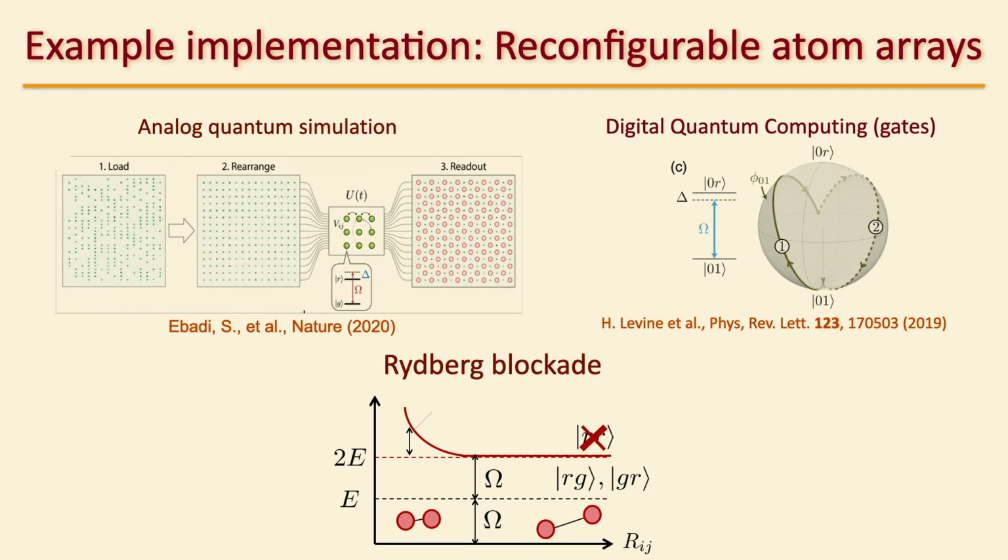But if you have the atoms so close together that they start interacting, this is a 1/r^6 type interaction, so if that kicks in, then this double Rydberg state goes strongly out of resonance, and your two photons don't do anything. So that means if you have these two atoms so close together, you can excite only one into the Rydberg state, but not two.